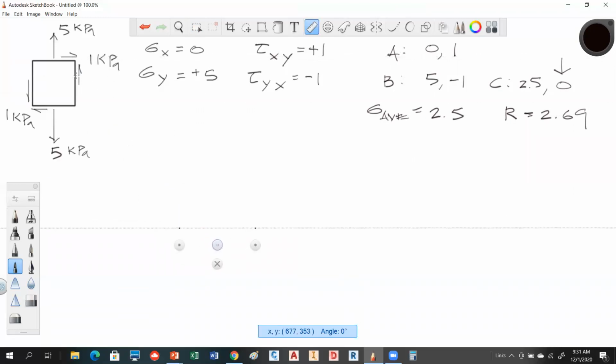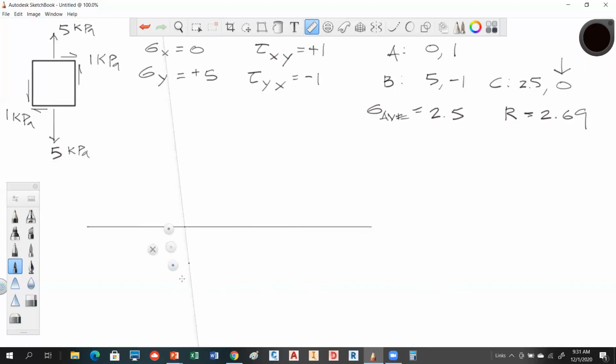See if I can do this again. I did that pretty well last time. That's my x-axis. That's going to be my y-axis.